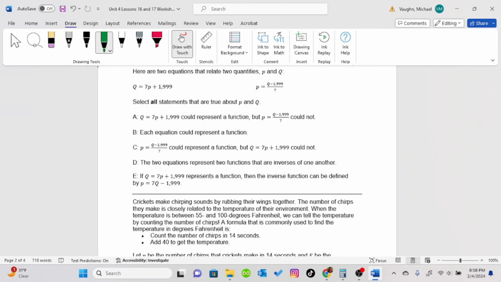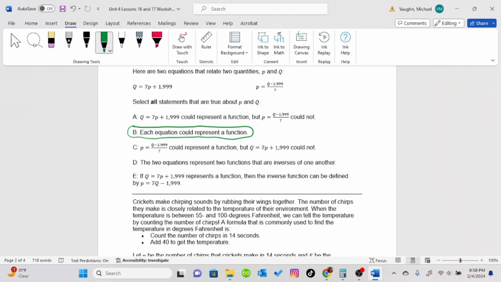So the correct choice between A, that says Q can be a function but P cannot, B, which says each of them could represent a function, and C, which states P could represent a function but Q could not, B is the choice that is correct. Neither of these violate any rules when it comes to functions.